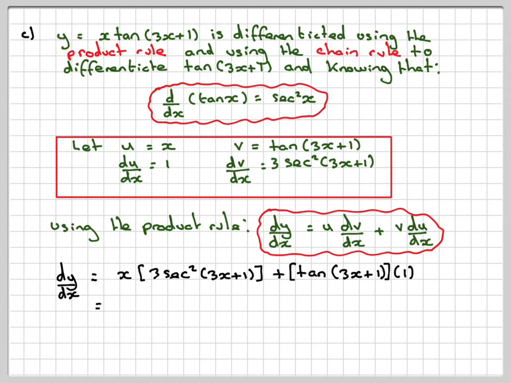And then just writing that out, combining that 3, we're going to get 3x sec squared(3x plus 1) plus tan(3x plus 1).